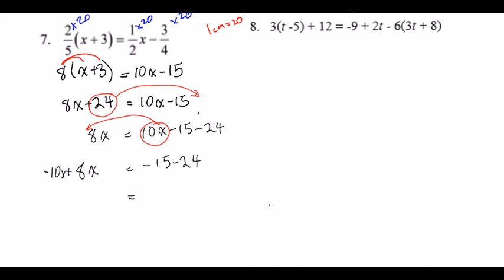Simplifying both sides, we get minus 39 for the right side and minus 2x. To get x by itself, divide both sides by negative 2. And we get x is equal to 19.5.